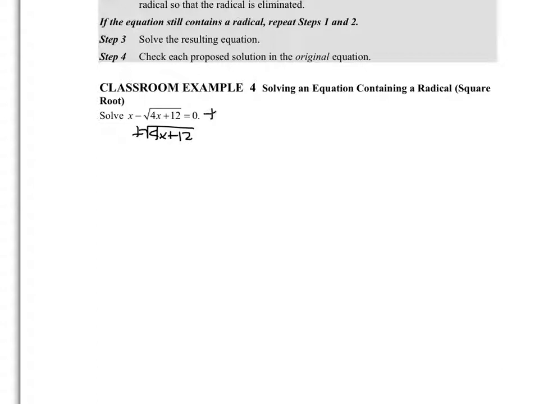So what I'm going to do is add the square root of 4x plus 12 to each side, and that will leave me with x equals the square root of 4x plus 12. Now that the radical is isolated, notice step 2 says raise each side to a power that's the same as the index. Because it's a square root, the index is 2, even though I don't see it. So everything that's on the left side gets squared.